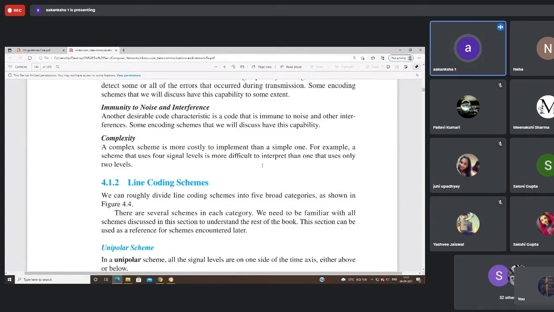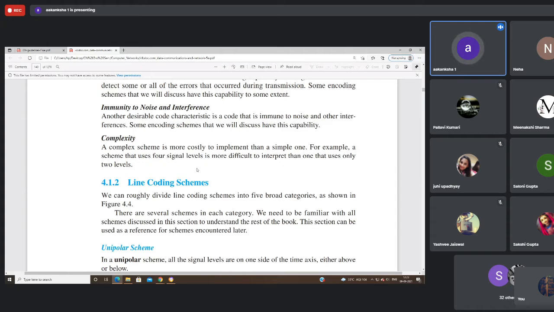For example, if we have only 2 levels for implementation and interpretation, the hardware will be very simple and less costly. But if we have more signal levels, suppose 4, 8 or 16 levels, the hardware should be able to receive the signals at different levels and interpret them. That will be more complex hardware and more costly also.